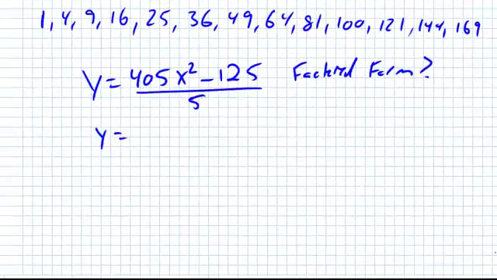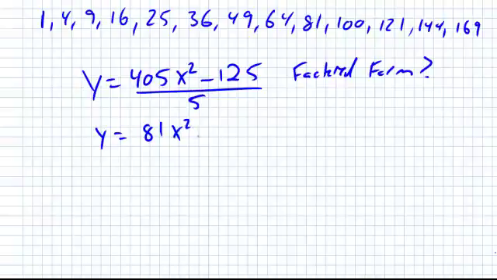This gives me y equals 405 divided by 5 is 81x squared. 125 divided by 5 is 25. Alright, so now I notice, oh, I forgot my 5 out here. Can't lose that 5.